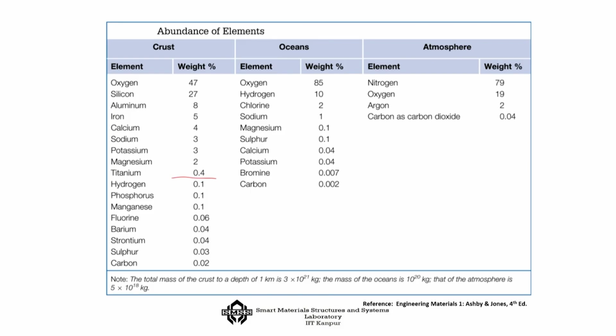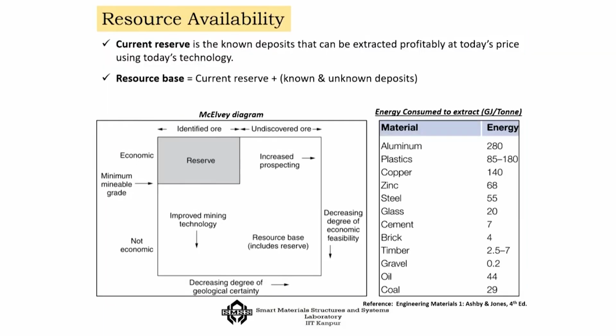Similarly, in the ocean and in the atmosphere, you can again check the abundance of the material. And from the abundance point of view, iron and aluminum and of course, silicon, they are good structural materials which are very much abundant. So, these materials are abundant, which means these are sustainable also. If I use these materials, it will be great in terms of design of the system.